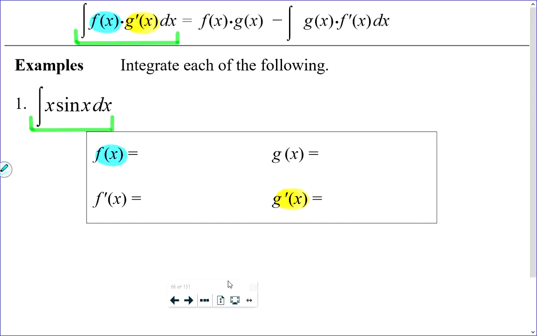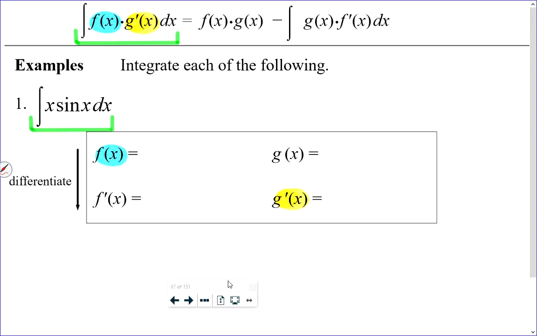This is the setup. But in order for us to write out what this is equal to, look at what this is equal to. It's equal to f of x times g of x. Well, then we're going to need to know g of x, aren't we? Minus the integral of g of x f prime of x, you're going to have to know f prime of x. And I'm trying to just give you a playing field to learn from.